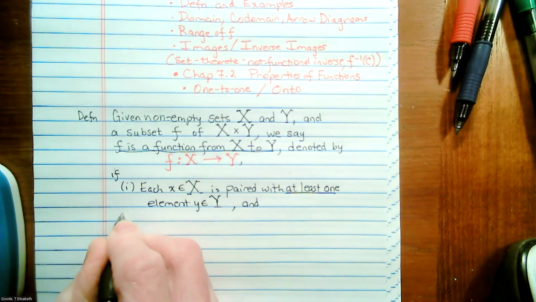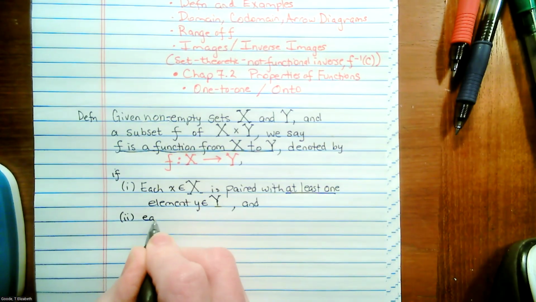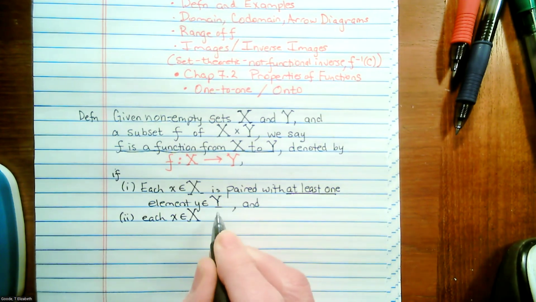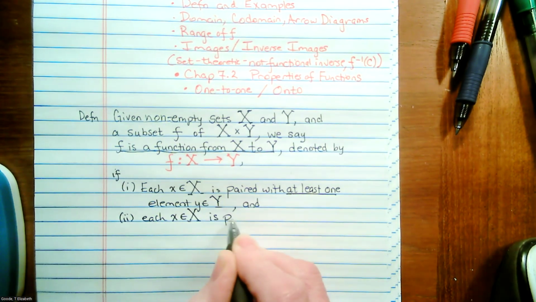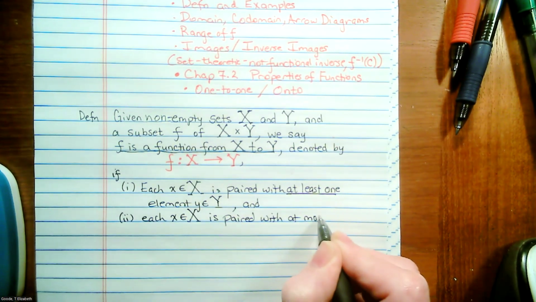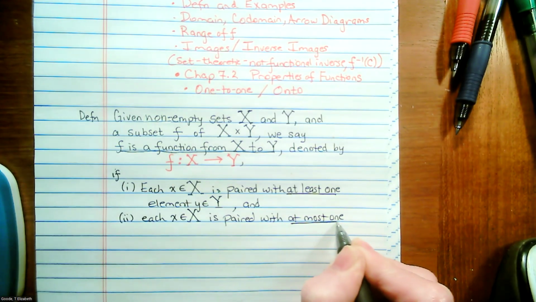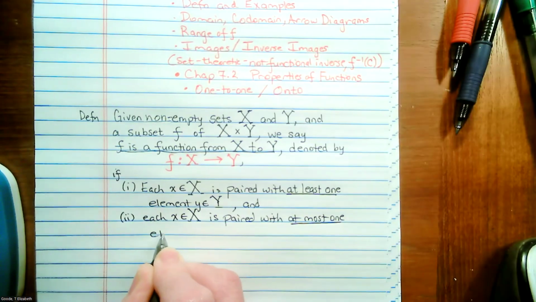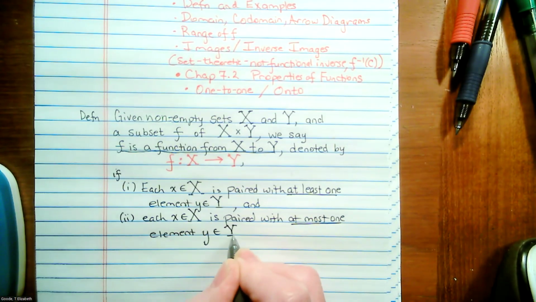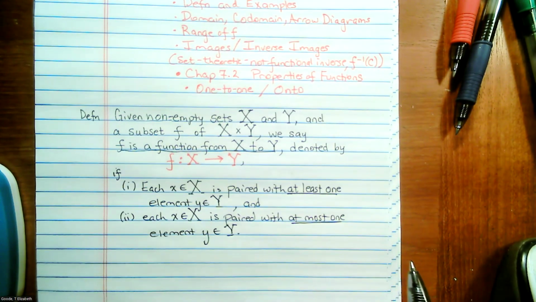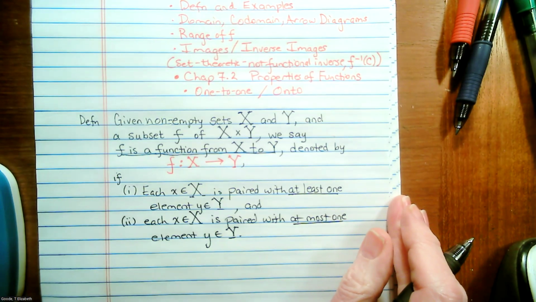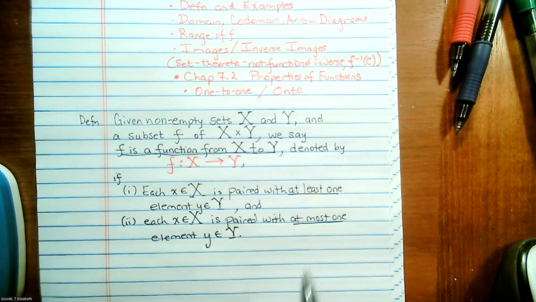And two, each element little x in set big X is paired with at most one element. We'll call it little y in set Y. So when you put those two together, it means each element of the domain is paired with exactly one element of the codomain. So X comma Y would be the ordered pair.